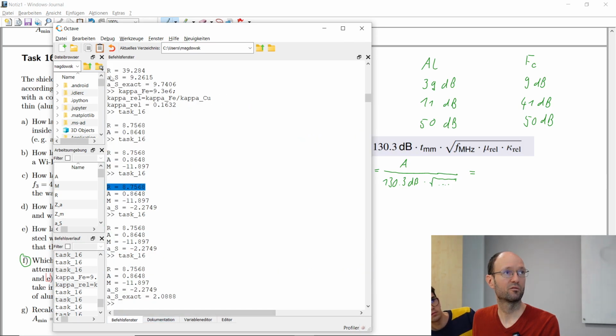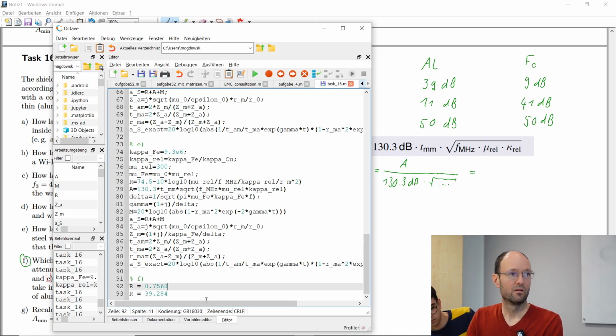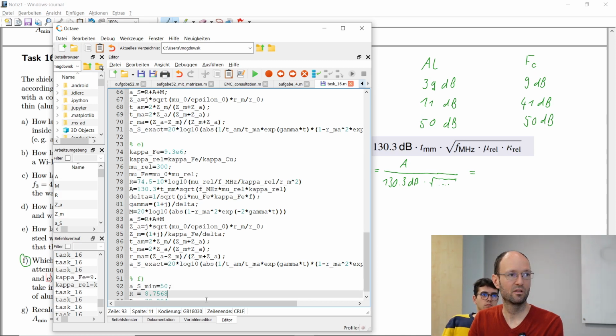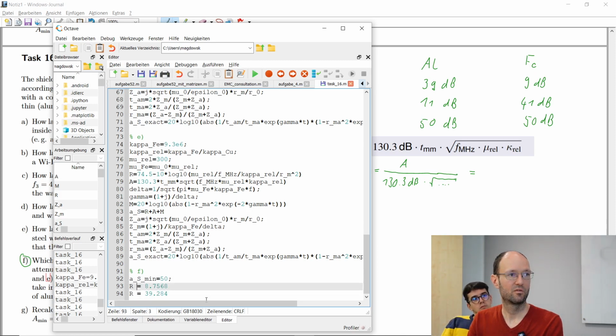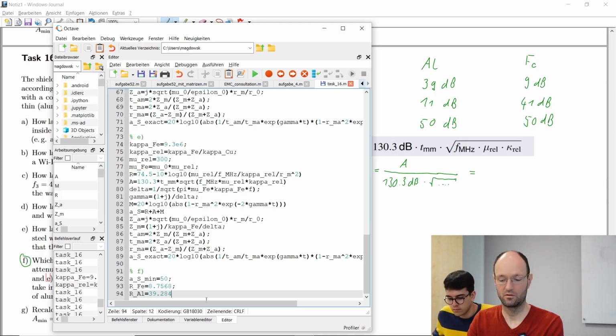This was what we got for the aluminum. And our overall shielding efficiency minimum is 50. This was for iron, this was for aluminum.